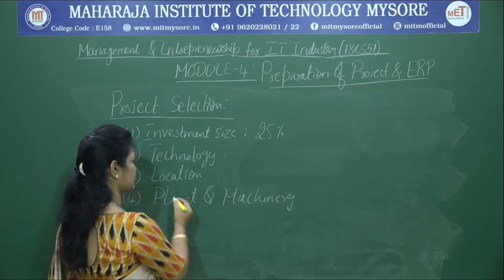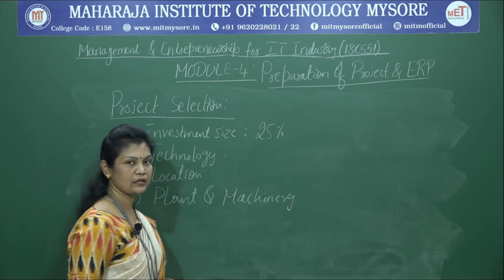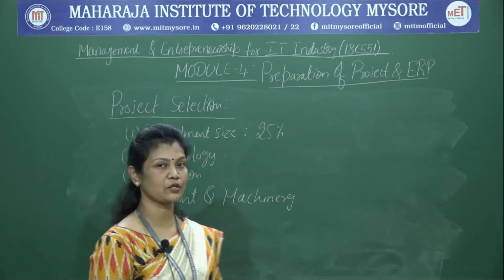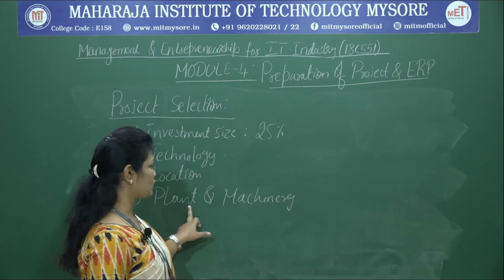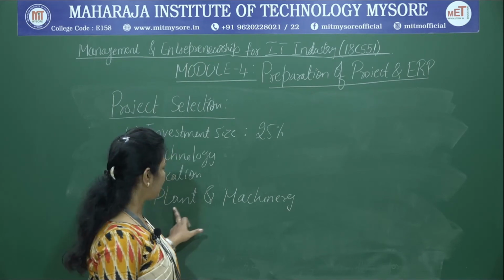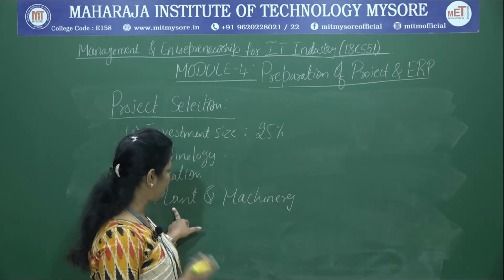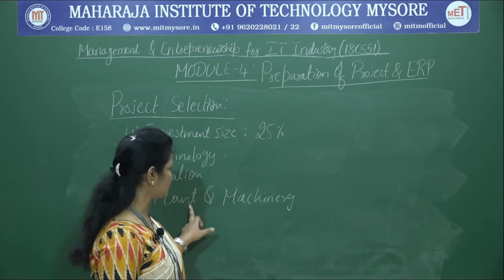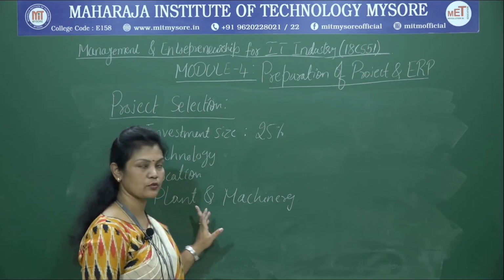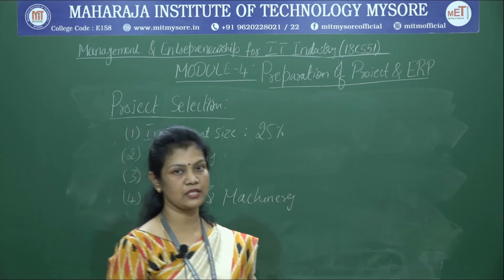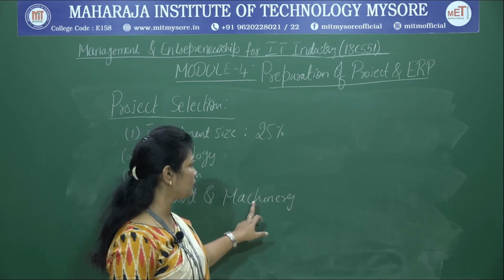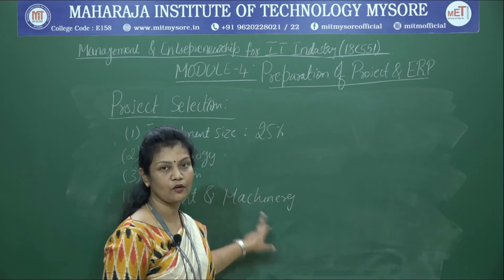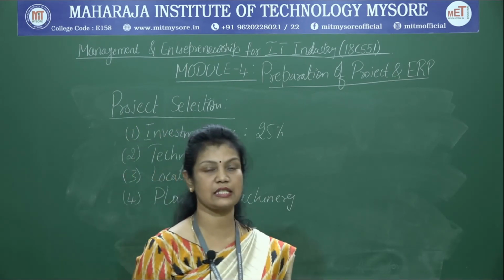So here plant is nothing but the area where the manufacturing activities are going to be carried out. So that is going to be referred to as plant. They have to either build or purchase a plant which has all the facilities which are needed.